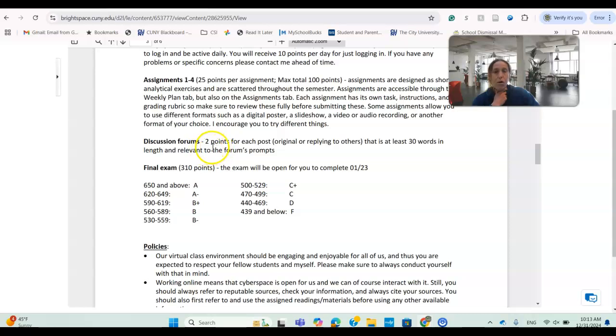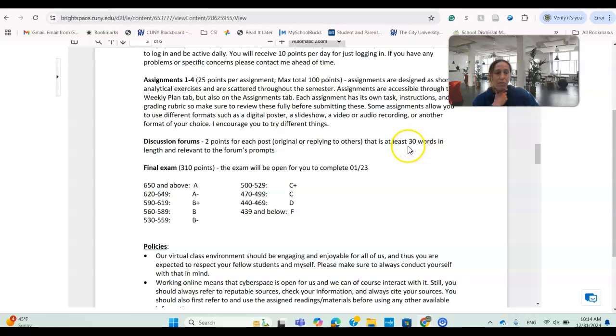For every post you make that is relevant to the discussion forum and is at least 30 words in length, you will earn 2 points, and also that is on time. That means you can earn 2 points for a discussion forum, but you can also earn 10 points or 20 points or how many that you want, as long as you are relevant to that discussion on time within the time limit posted, and each of those posts is at least 30 words in length.